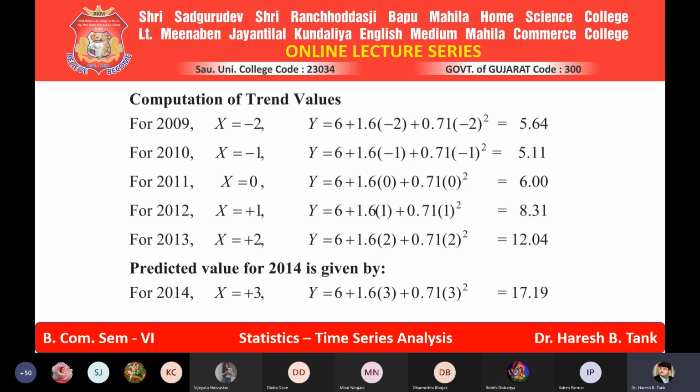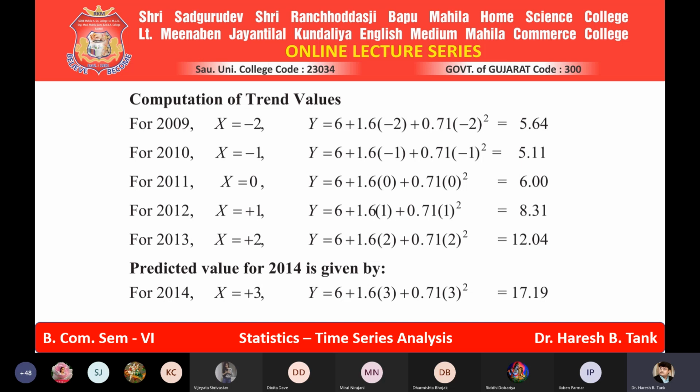For 2014, if you take the deviation, the value of x becomes 3, so y equals 6 plus 1.6 times 3 plus 0.71 times 3 squared. Simplifying it, you may get 17.19.